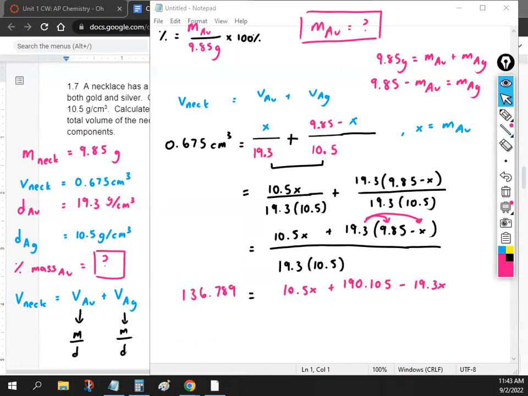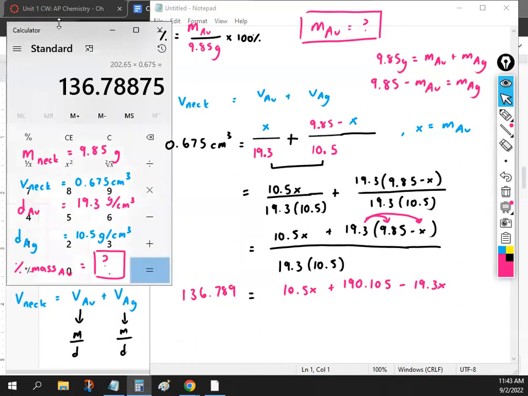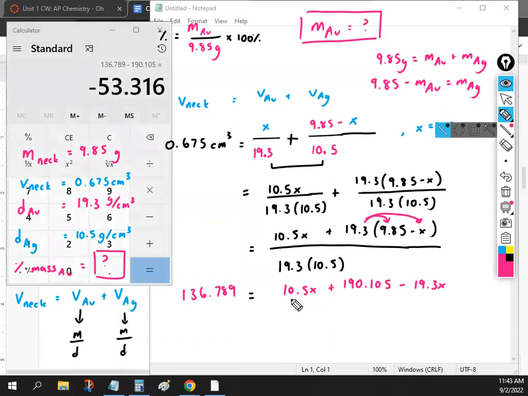Okay. So let's wrap it up. 136.789 on the left side minus 190.105 is going to give us negative 53.316 on the left side. So negative 53.316 equals 10.5x minus 19.3x. So far, so good?